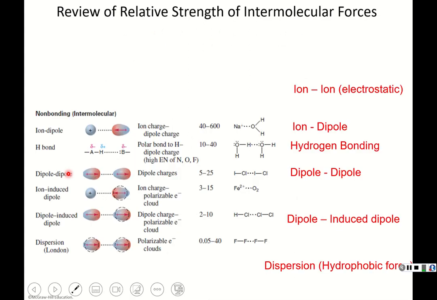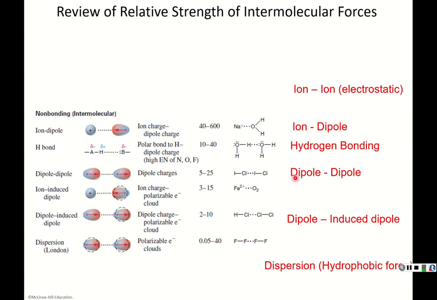Just a brief overview of what we talked about last time with intermolecular forces. And I think the important part to remember is the relative strengths of them. Okay? Ion-ion, an electrostatic interaction, being the highest. Those are 2 full charges. Ion-dipole, which would be a full charge and a partial charge.